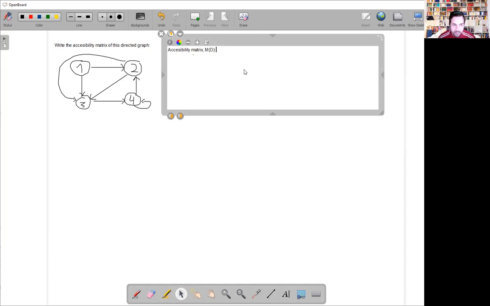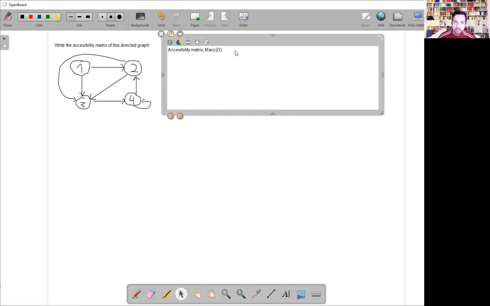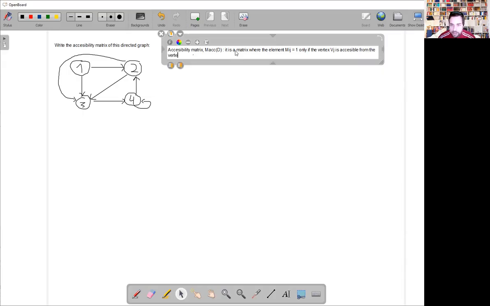The accessibility matrix, or better, M of a directed graph, is a matrix where the element M sub ij is equal to 1 only if the vertex vj is accessible from the vertex vi.